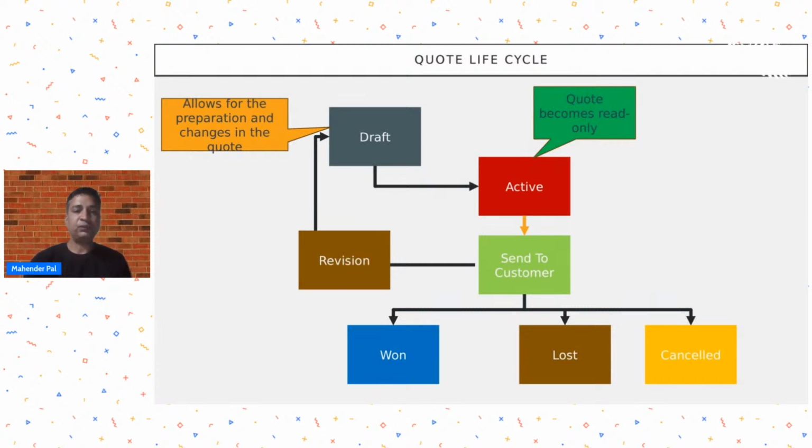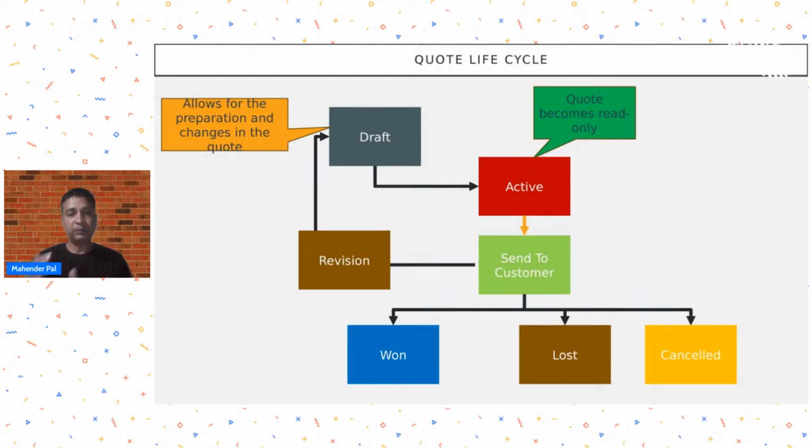Then finally we have two things here that we mainly count as won and lost. Won means they agree with that, and now we proceed to the next stage where we will be discussing the order side, where we need to fulfill and ship all the products or services. So that status is won.